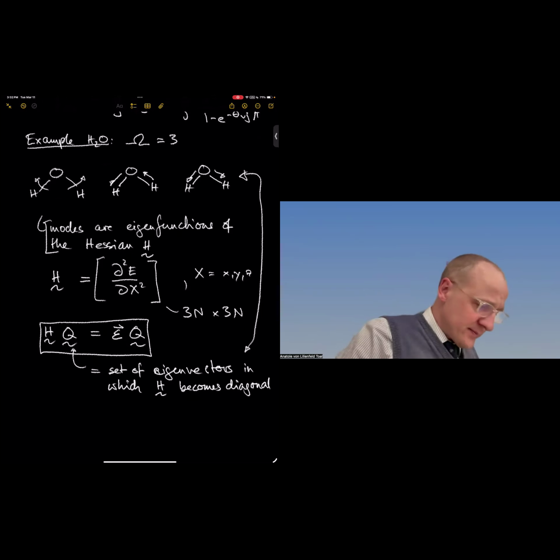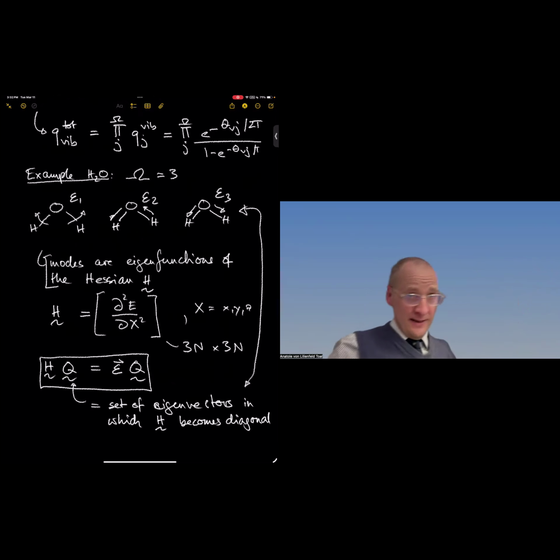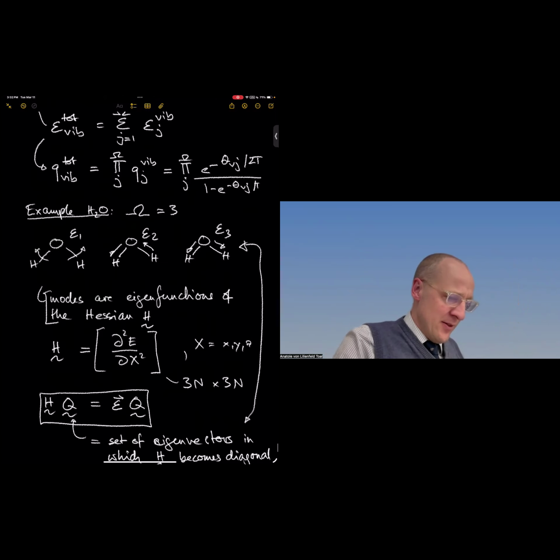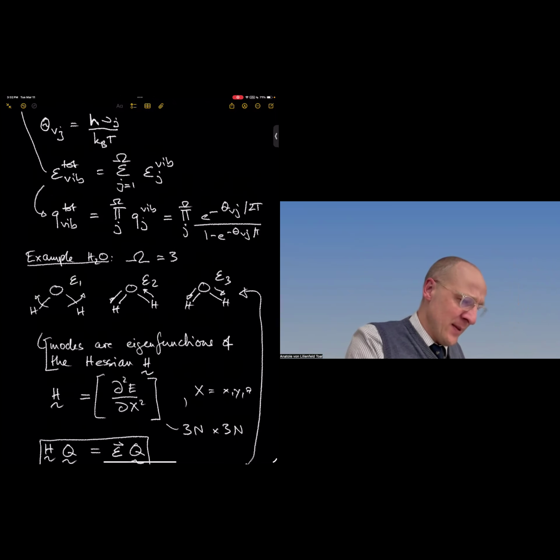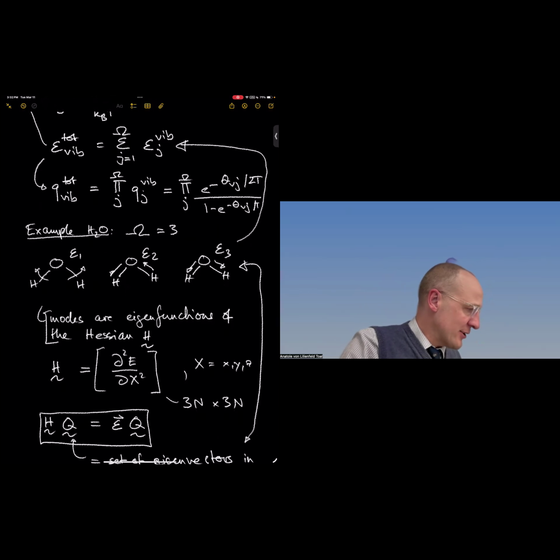Now, in front of these eigenvectors, we therefore have eigenvalues, right? So there will be an eigenvalue attached with each mode, and that corresponds to your frequency, is directly proportionate to your frequency, right? And those are the energies we are using here as eigenvalues for our vibrational partition function.